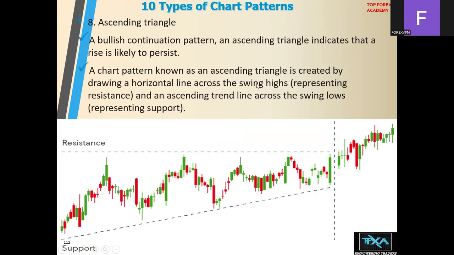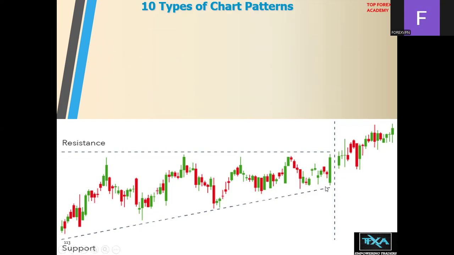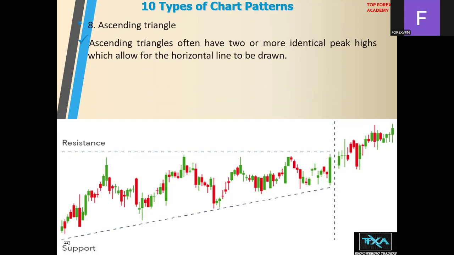This is a chart pattern known as an ascending triangle, created by drawing a horizontal line across the swing highs representing resistance, and also an ascending trend line across the swing lows representing support. Ascending triangles often have two or more identical peak highs, which allow the horizontal line to be drawn.